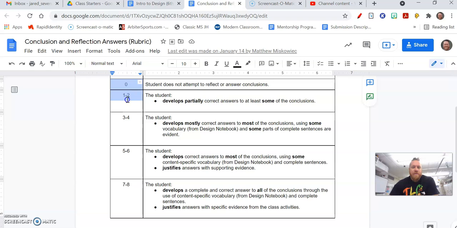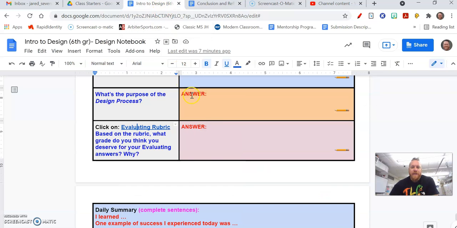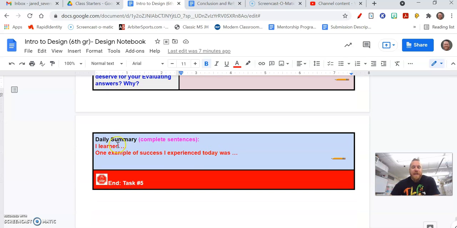Should you get a 0, a 1 or a 2, a 3 or a 4, a 5 or a 6, or a 7 or an 8? Just asking for your opinion based off of what we're looking at in terms of how we grade your conclusion answers. Okay, so if I go back to my design notebook, that's an aspire to answer question. You don't have to do that, but that will go above and beyond, give you some idea of how we're grading. And then lastly, you see this last daily summary.